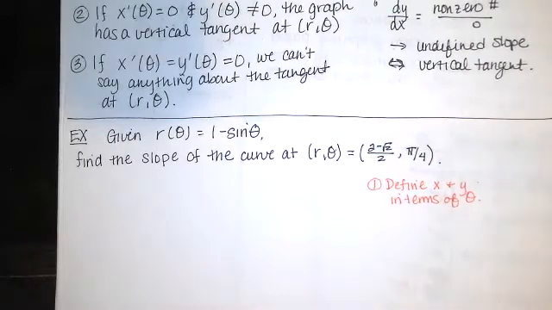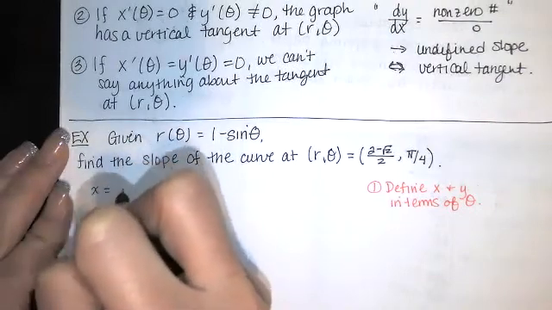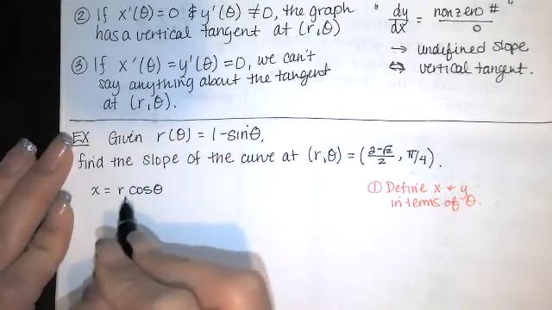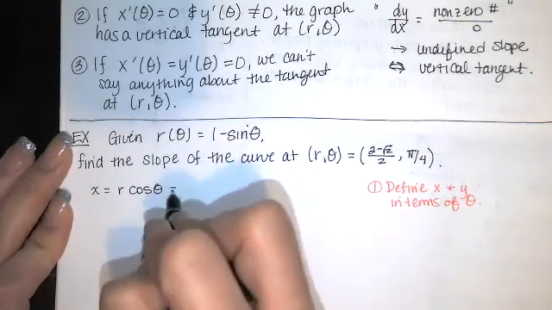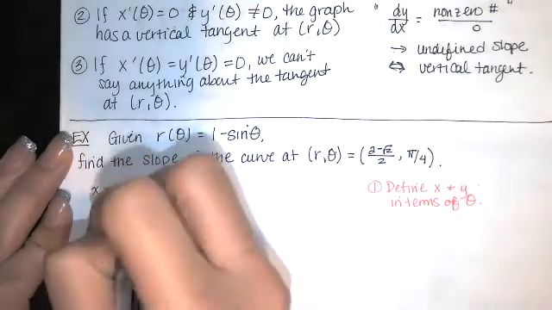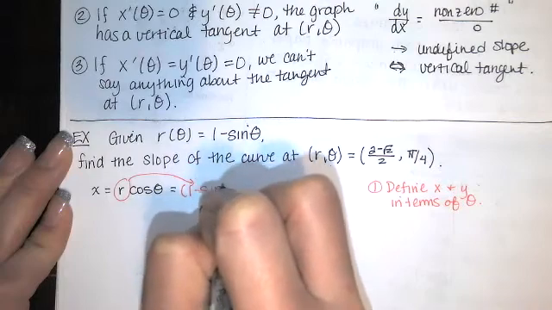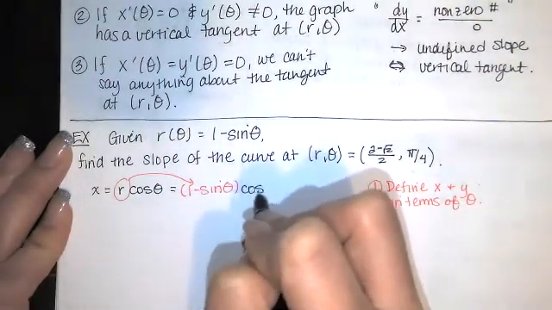It's very simple. Remember, x was r cosine of theta. So now, instead of writing an r here, you're going to replace r with 1 minus sine of theta. So you're just substituting. R is being replaced by 1 minus sine of theta, and you still have that cosine there.